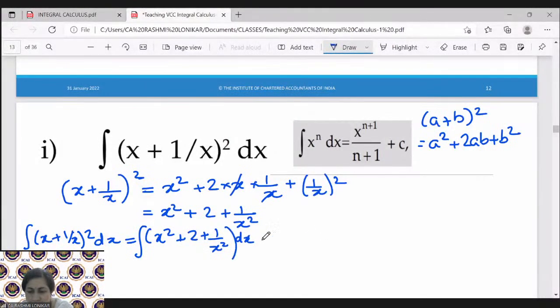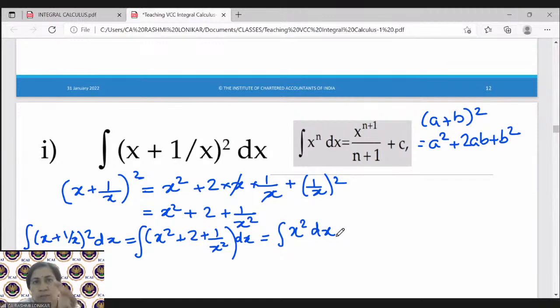Okay, this can be written as integration of x square dx. The rule says if I have addition of terms under the integration, it will be equal to integration of each individual term added. And the same thing for subtraction also.